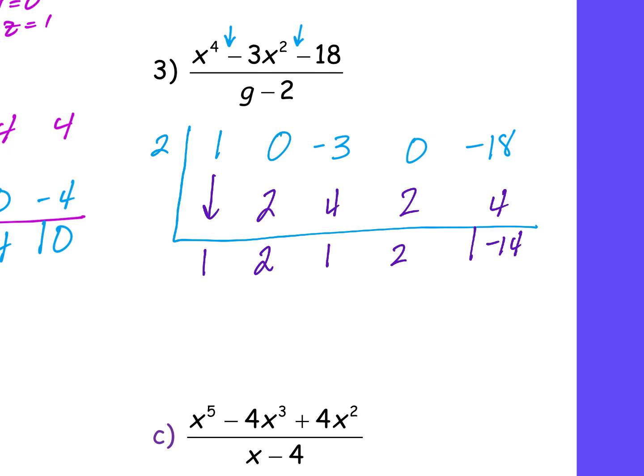X cubed plus 2x squared plus x plus 2 minus 14 all over g minus 2. Did I write my g right, Davis? Yeah.